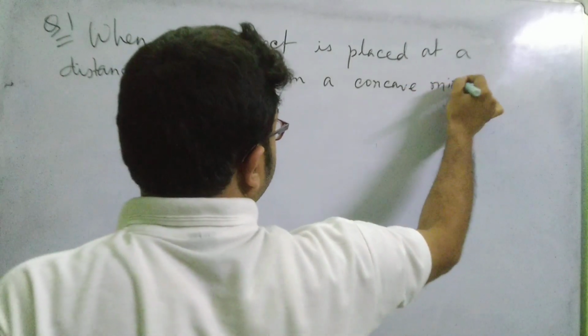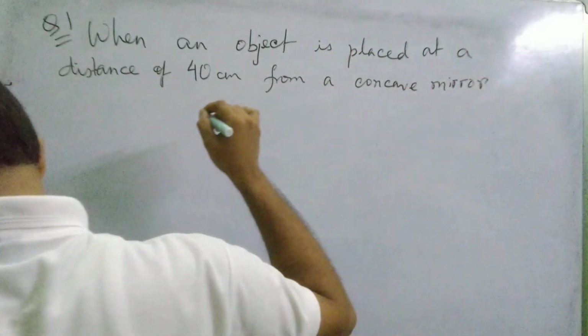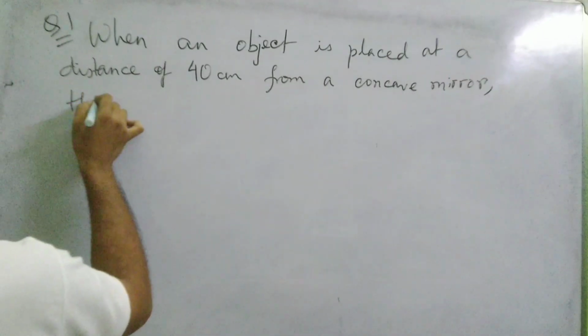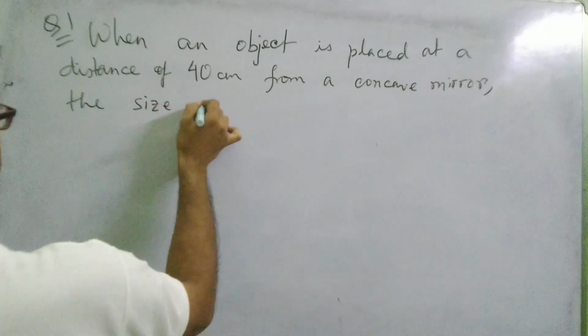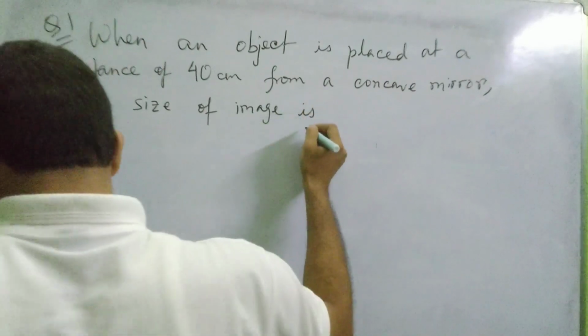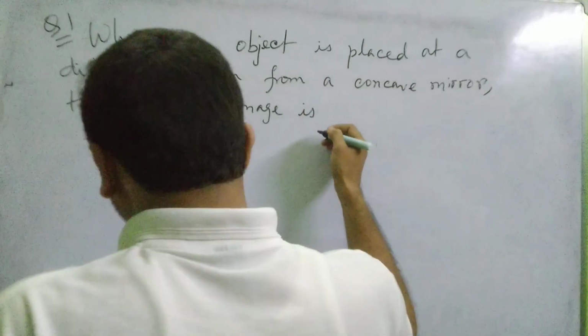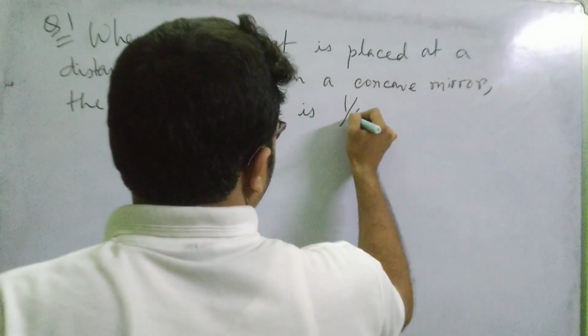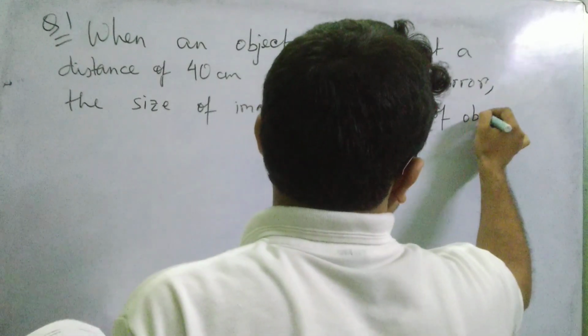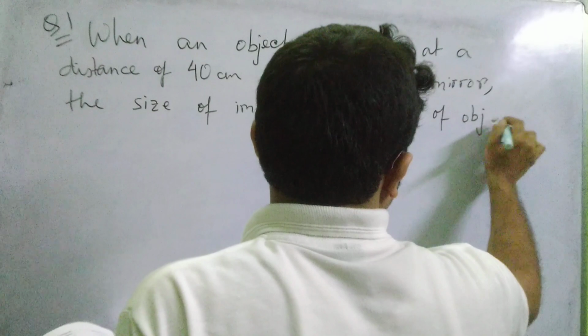So the mirror has been mentioned to be concave. Then it is saying that the size of image is 1/4 that of the object.